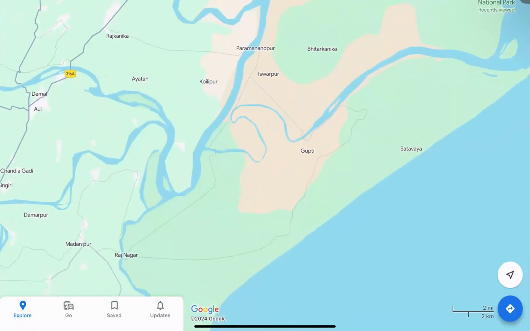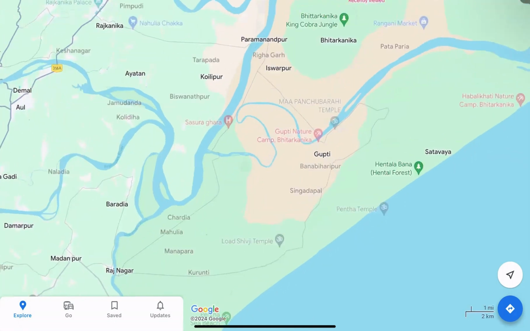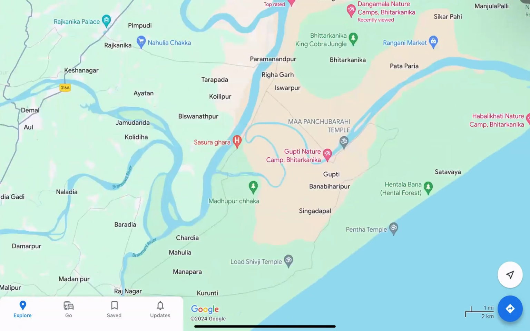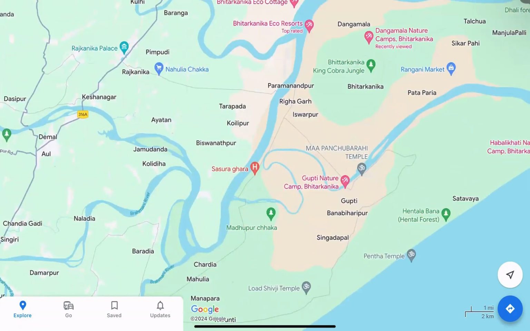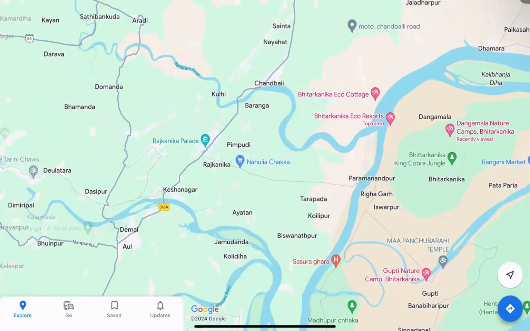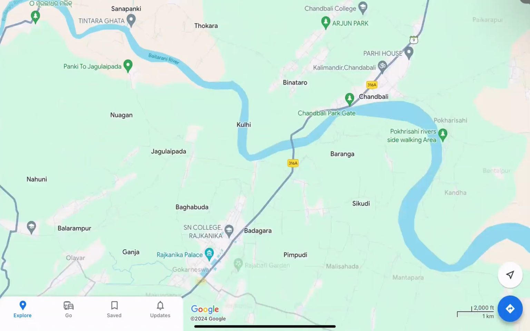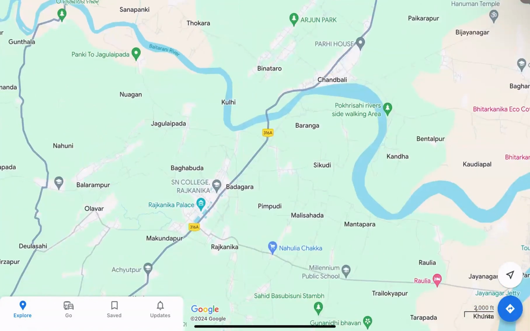It is a Ramsar site. In Bhitarkanika, the two important rivers being referred to in this question are, one, this Baitarani river, which flows like this, and another, the Brahmani river.